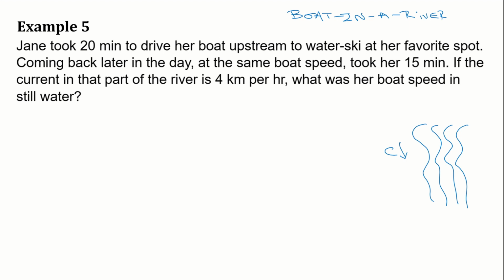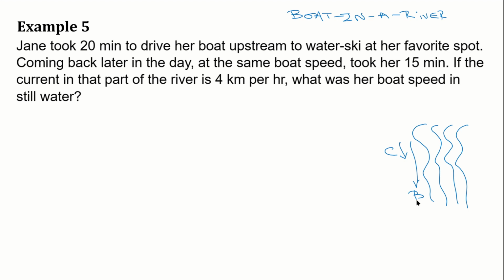If you are going in the same direction as the current, and your speedometer shows a certain speed, B, well, that's not the actual speed you're moving at, because what the speedometer is showing you is that based on how hard my engine is working, this is the speed that I would go if I were on a lake, for example, on still water.